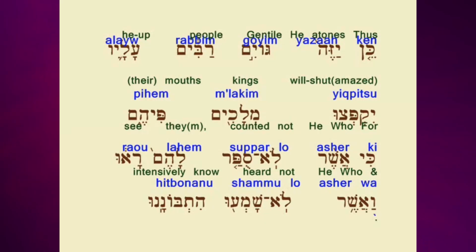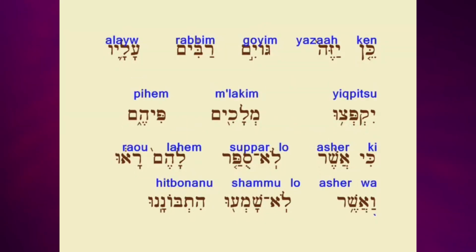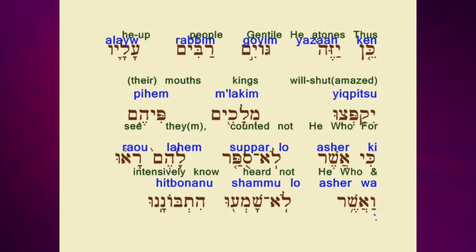So you've got the two imperfects being paired, first of which is in the Hifil, and then you've got the Yikpitzu in the Qal, but they're both in the imperfect. So you've got something causative, which results in a reality. The causation, he's caused to atone for, and then they see that, which is the Qal coming up later, and as a result, they shut their mouths in amazement.